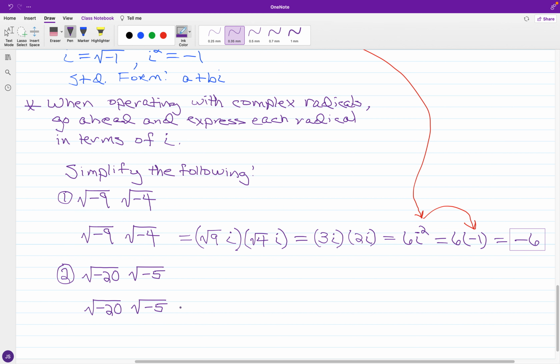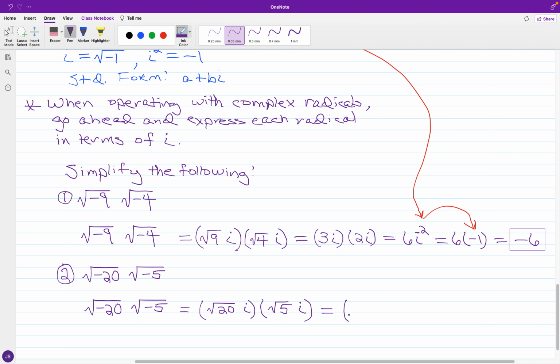If I write the radicals in terms of i, the square root of -20 is the square root of 20 times i, and the square root of -5 is the square root of 5 times i. For the rearrangement, we have the square root of 20i times the square root of 5i. Now neither 20 nor 5 is a perfect square value.